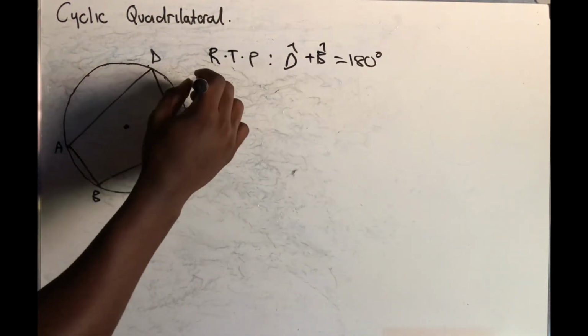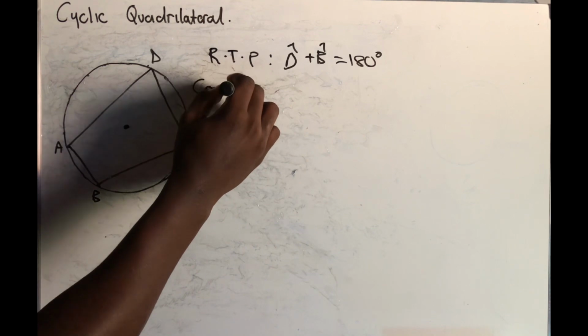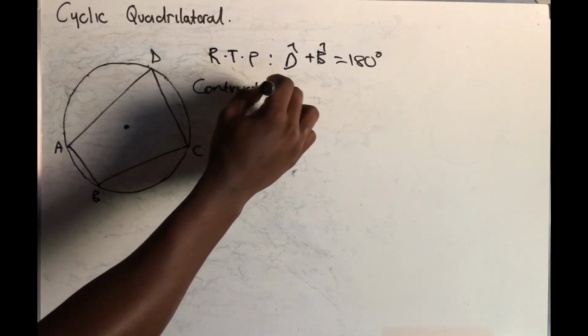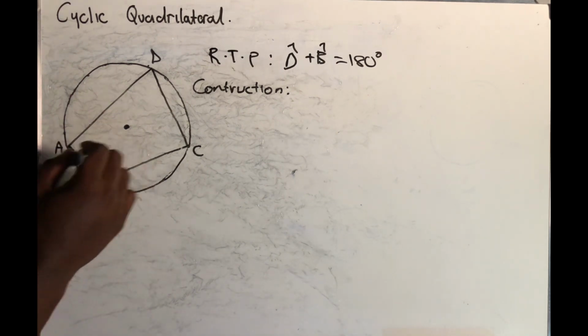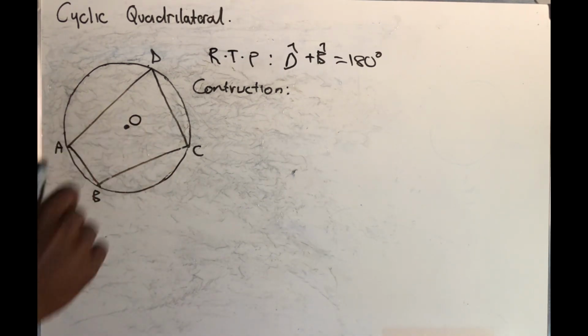We have to construct. Our construction is to join. This is O, the center.